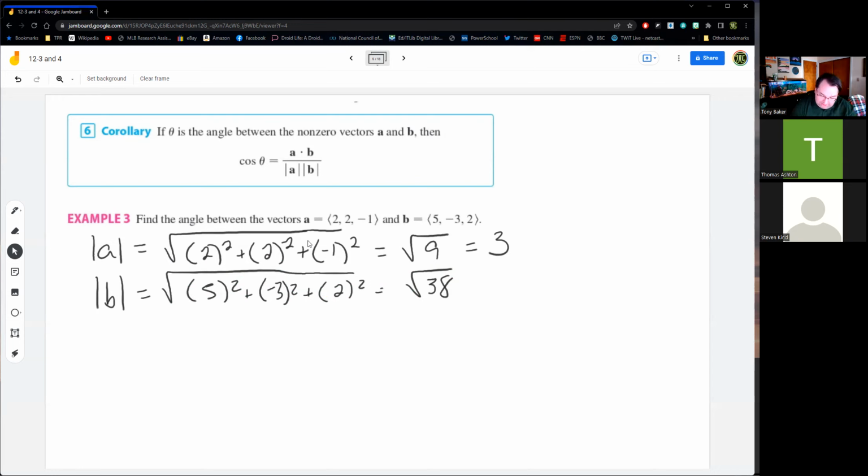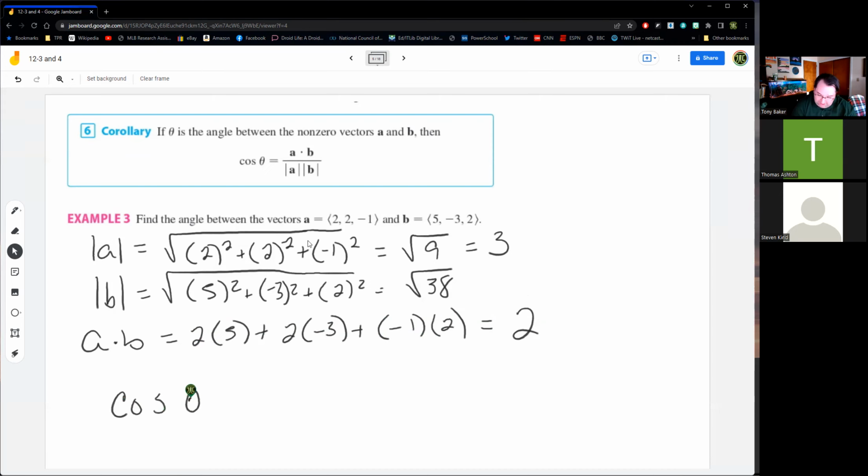And the next thing I've got to find is my dot product. So this will be 2 times 5 plus 2 times -3 plus -1 times 2. 10 - 6 is 4, and that ends up being 2. So the dot product is 2. So I've got cosine of theta is 2 over 3 square root of 38.